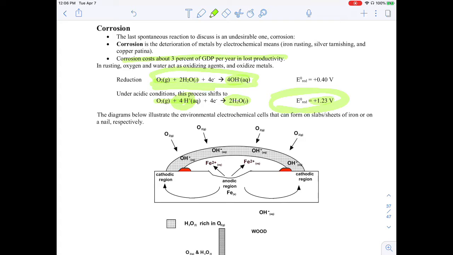And so acidic conditions really speed up corrosion, and so do salty conditions. That makes sense if you consider that salt is an ionic compound, and that ionic compound is going to create essentially a saltwater bridge where it allows for the fast transfer of electrons.